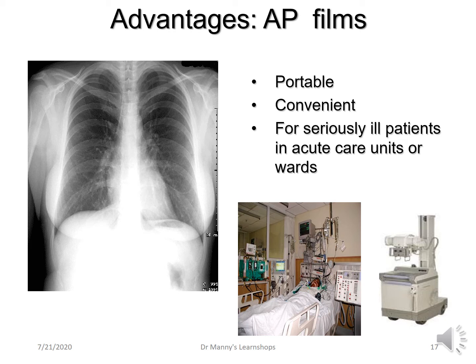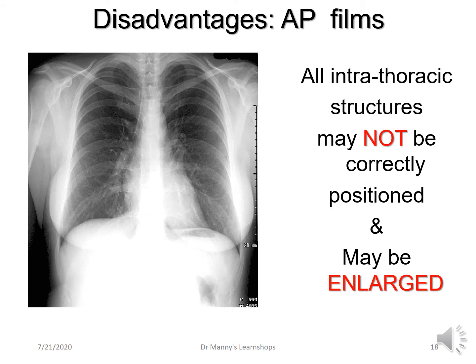You don't have to put the patient at risk by transferring them to the radiology department when they're in the emergency department or the intensive care or any acute care unit such as a high dependency unit or a pediatric or neonatal ICU. The disadvantage, however, is that not all the intrathoracic structures may be correctly positioned. Despite you trying, they may not be positioned correctly and they may appear enlarged as a consequence.